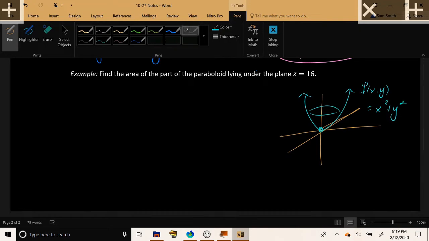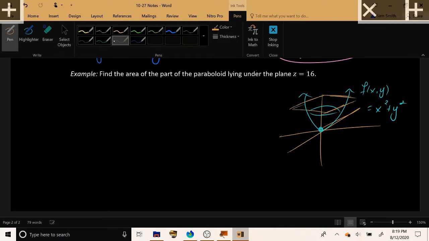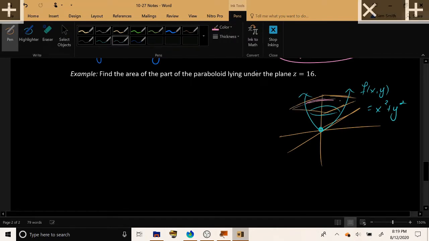And we have this flat constant plane here at the level z equals 16, which intersects this paraboloid in a circle shape.